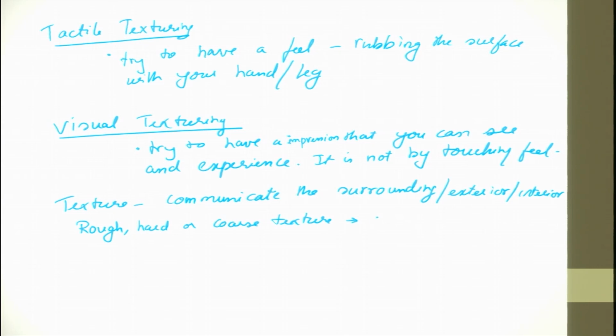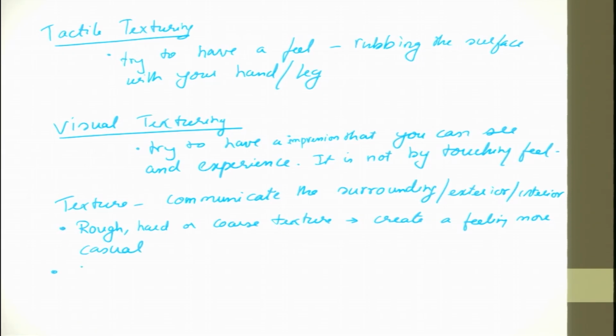When we do that, it can create a feeling that is more soothing, or it can create a feeling that is more casual. Okay, those are rough, hard or coarse textures.